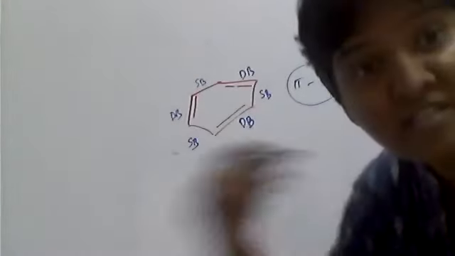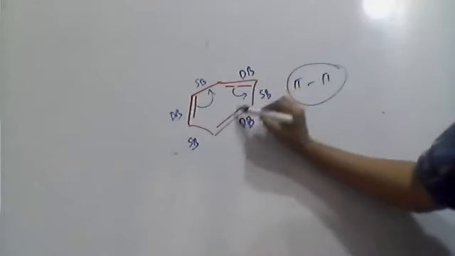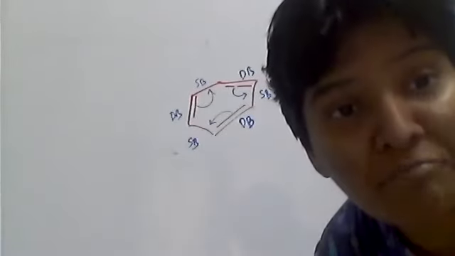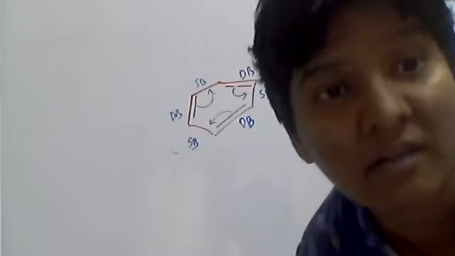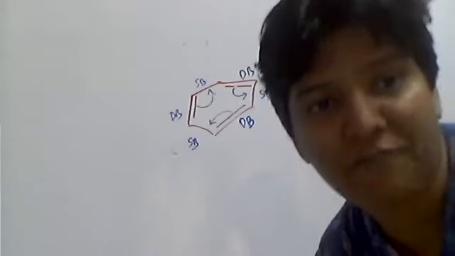To increase its stability, the pi bond will shift from one place to another. This movement is called delocalization of the pi bond, and is called resonance. This effect is called the resonance effect or mesomeric effect.